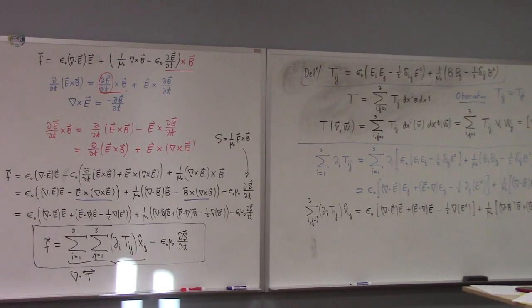But after some work, we figured out that that's the integral over the volume of the sum i and j equals 1 to 3 of partial i acting on T_ij, times x hat j, minus epsilon naught mu naught partial S vector partial t, integrated over the volume.